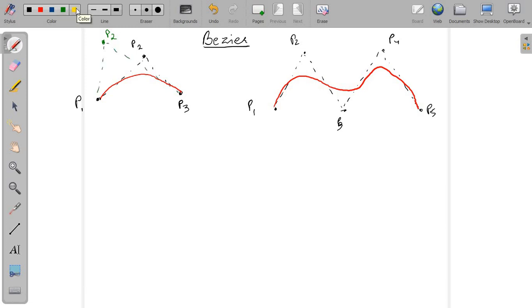The resultant bezier curve that we may have will be changing this way. All right. And likewise, if we pull P2 over here, this one will be your new line. And the resultant curve that we will have will somewhat look like this.